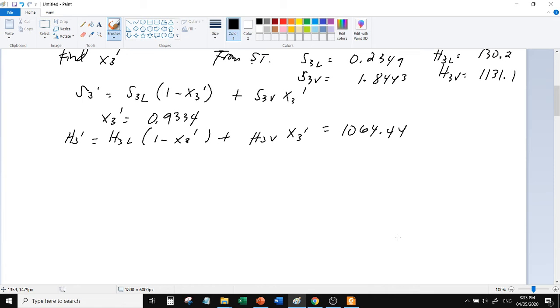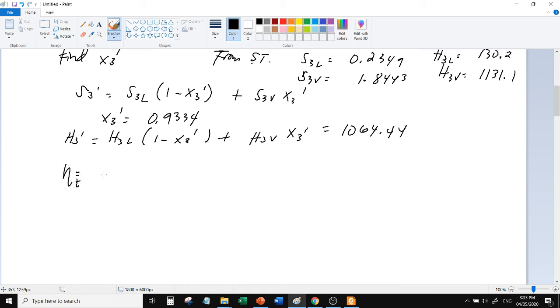So, masasolve na ba natin yung mass of flowing stream na tinatanong? Malapit na kasi may efficiency na binigay. So, remember for turbine.